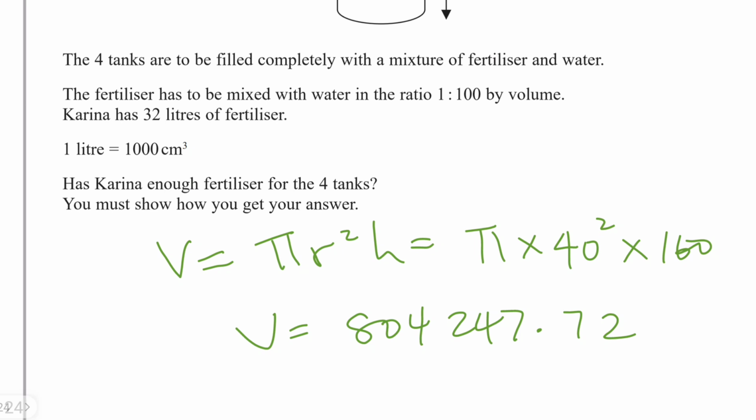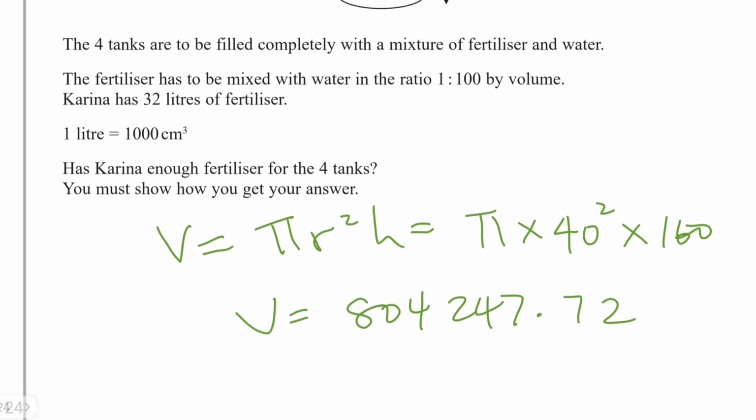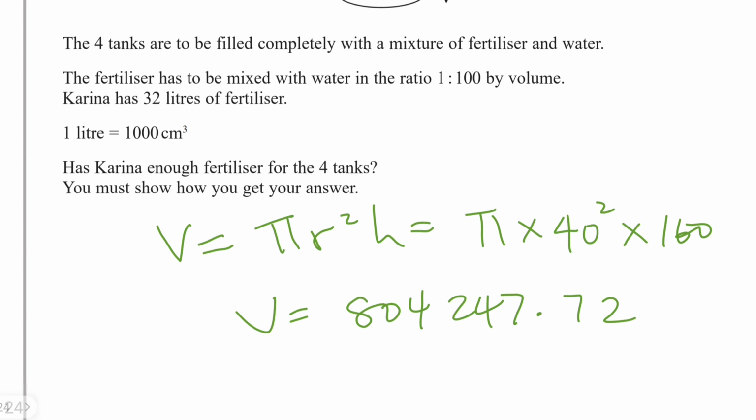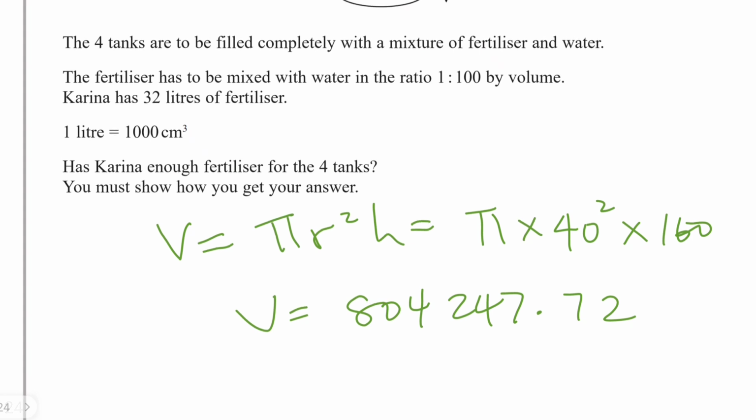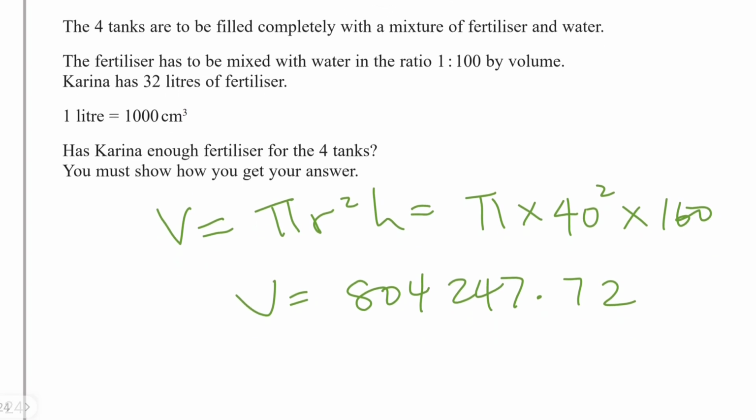The fertilizer has to be mixed with water in the ratio 1 to 100 by volume, and Karina has 32 liters of fertilizer. So the next thing we need to do is figure out the volume of the 4 cylinders.